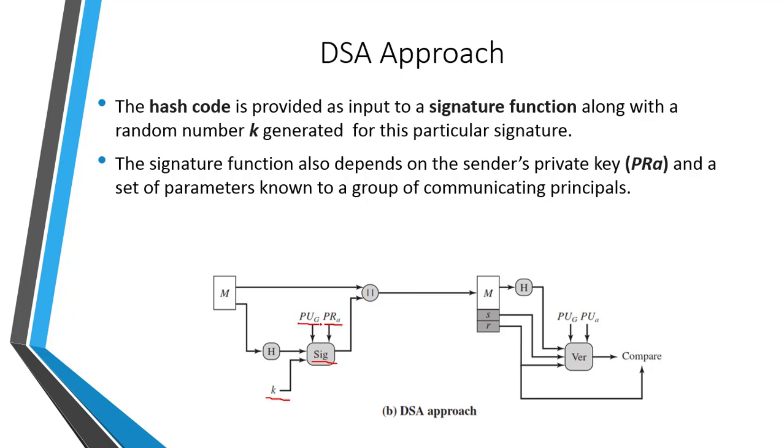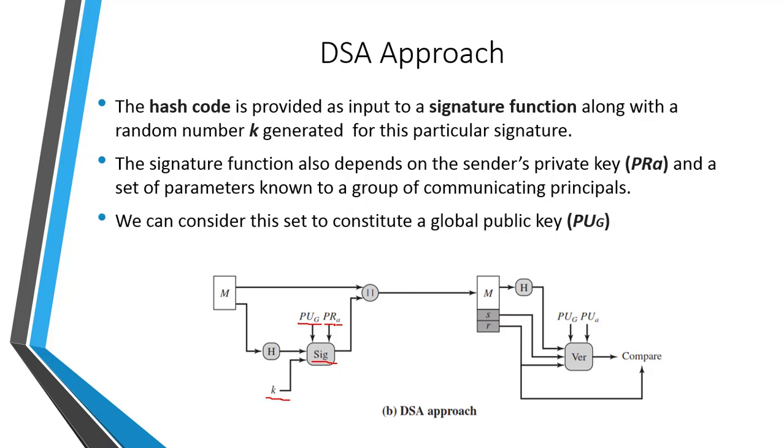This constitutes a global public key, which is denoted as PUG. So in short, the digital signature function takes a total of 4 inputs: the hash code, the random number k, the global public key PUG, and the private key of the sender, that is PRA.